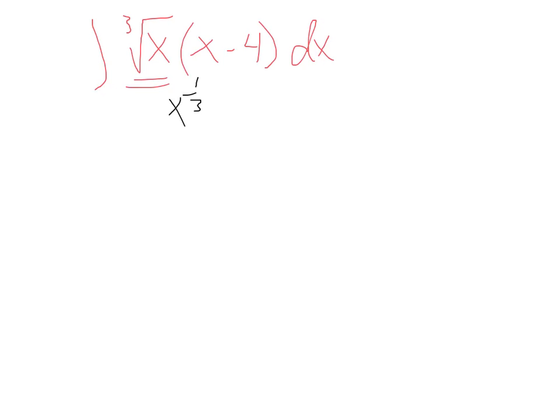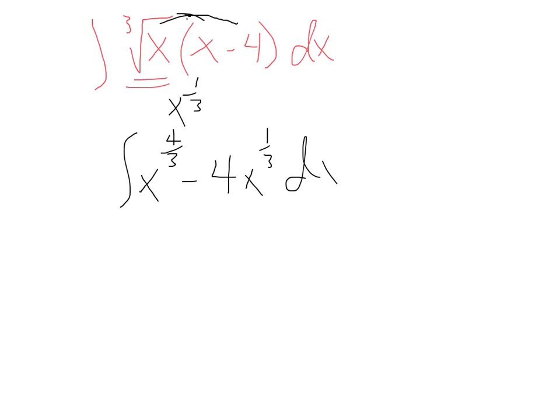Now again, I don't have a product rule, so I am going to have to distribute this through. So we'll end up with x to the 4/3 minus 4x to the 1/3. Oh, excuse me, I need the integral and dx there.